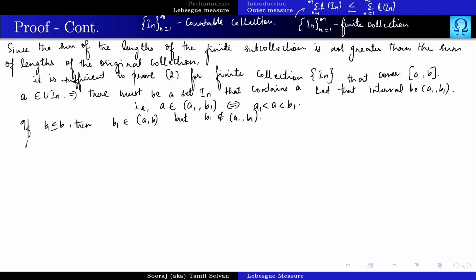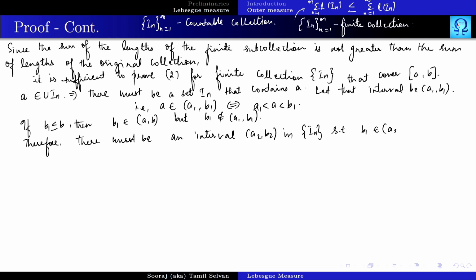Therefore, there must be an interval (a2, b2) in the collection such that b1 is contained in (a2, b2). That is, a2 is smaller than b1, which is smaller than b2.